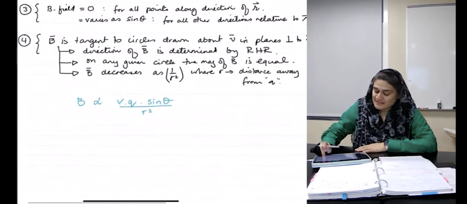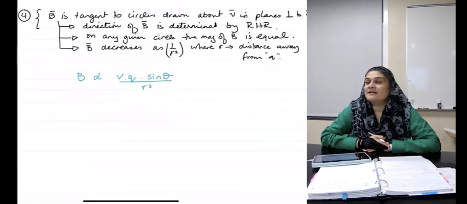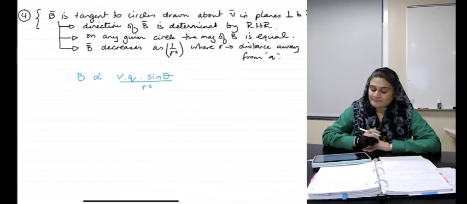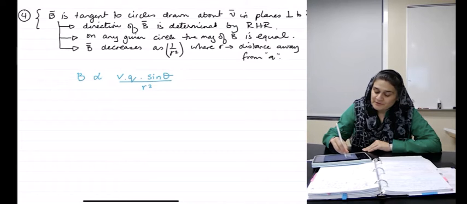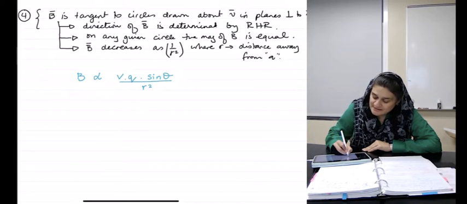Okay, perfect. Now, how do I get rid of the proportionality sign? I have to put a constant there, correct?